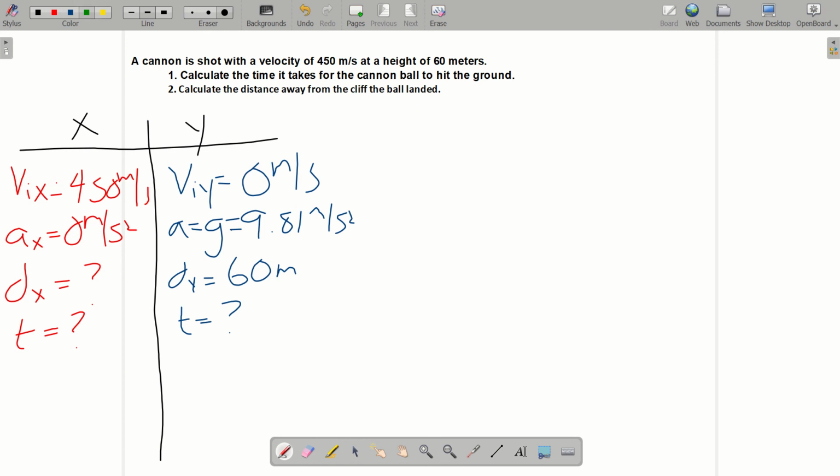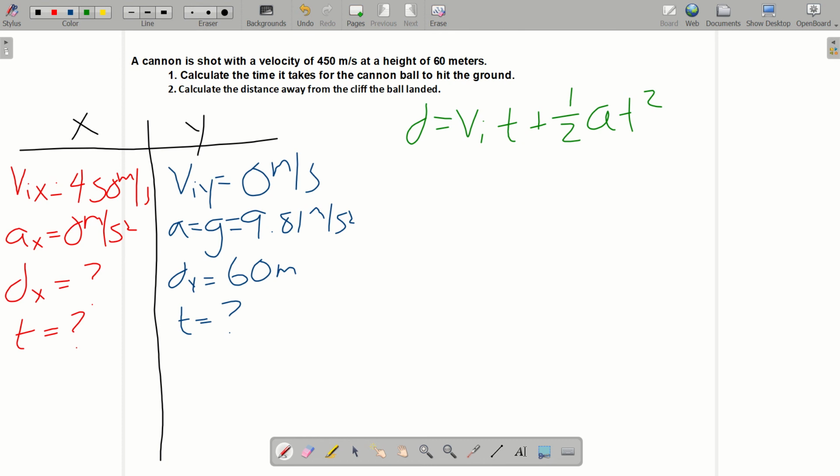So let's look at our formulas and let's pull out the one that matches our variables. We have Vi, a, d, and t. So we're going to be using d is equal to Vi t plus 1/2 a t squared. When you plug in your variables, please be extra careful in only using your y givens and not your x givens.